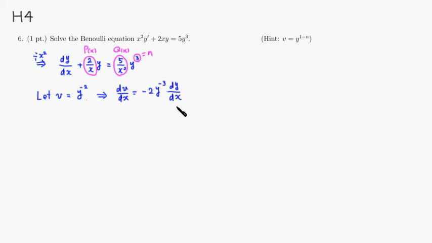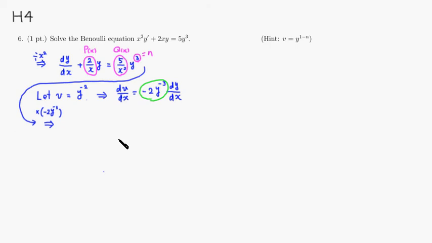In order to get to dv over dx, we turn dy over dx into dv over dx by multiplying by this quantity, negative 2y to the negative 3 power.